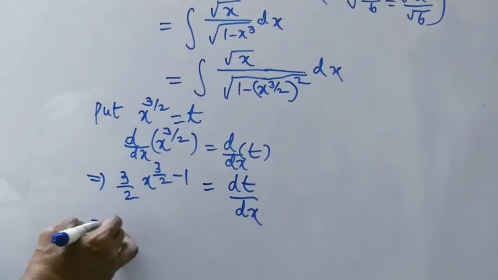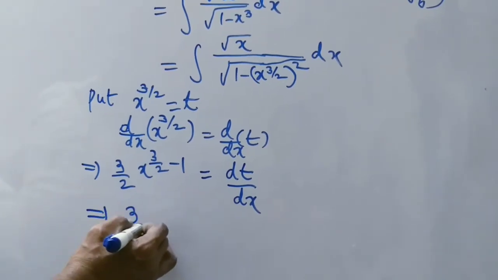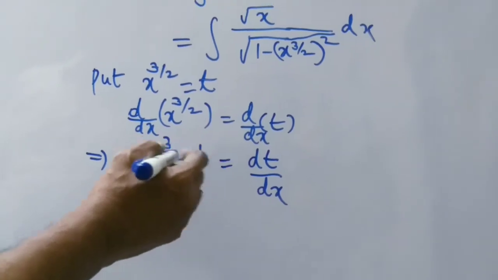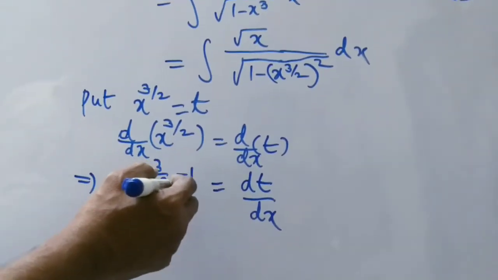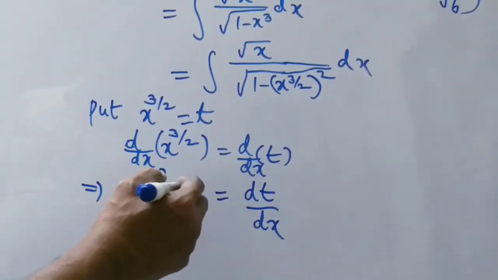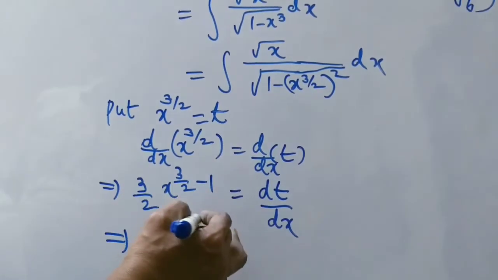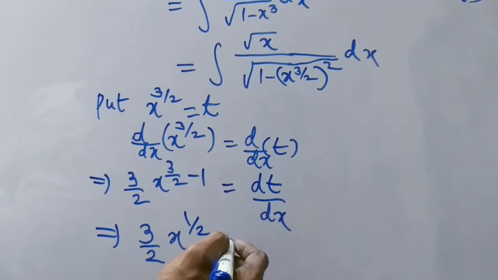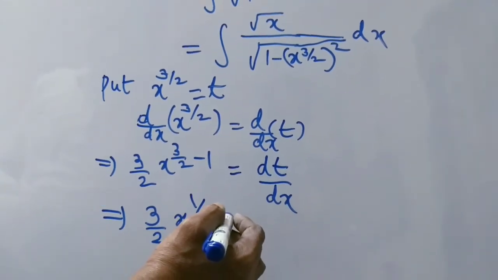Now it implies 3 by 2 x to the power of 3 by 2 minus 1. The LCM is 2 here: 3 minus 2 by 2, that means 1 by 2. So 3 by 2 x to the power of 1 by 2 is equal to dt by dx.